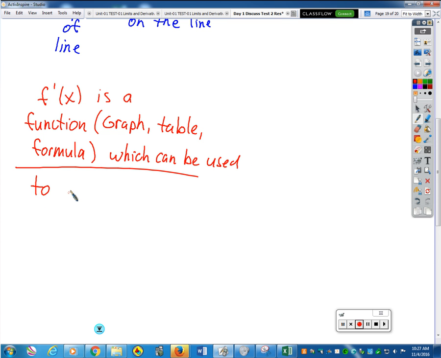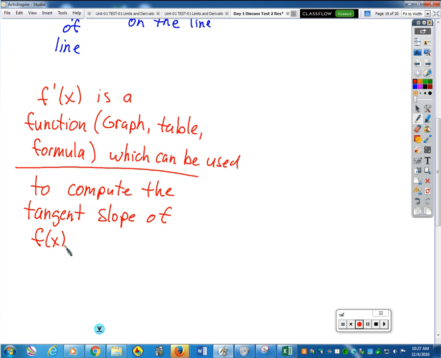The other side says to compute the tangent slope of f at any point. We learned this in Unit 1. It's just faded a bit, so we've got to bring it back to memory. Question?